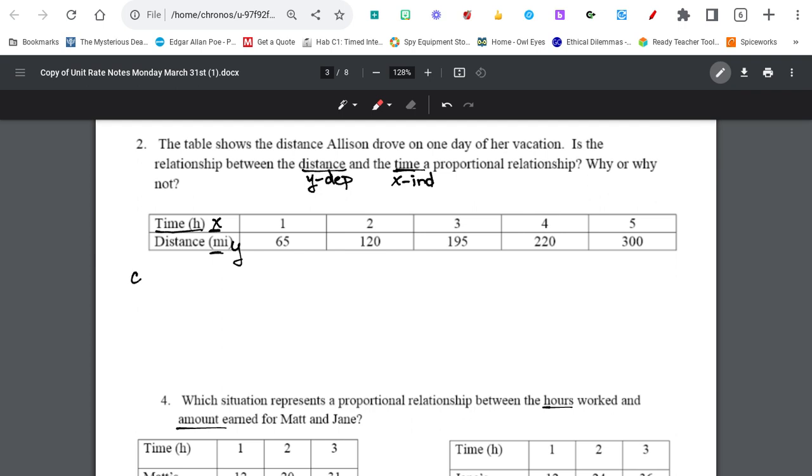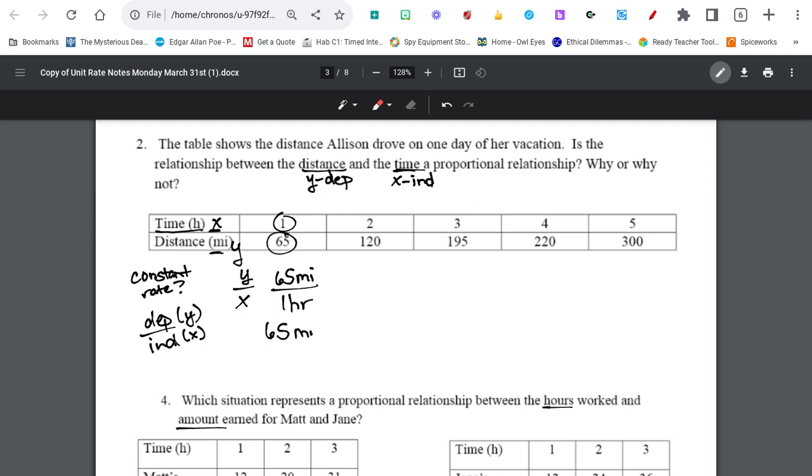All right, so I'm going to see if I get a constant rate. If we do, it's proportional, guys. So I'm just going to find my unit rate for each one of these. To find your unit rate, take your Y or your dependent variable and divide it by your independent variable, or Y divided by X, okay? So the first Y here is 65, so 65 miles divided by 1 hour means that Allison drove that first hour at a speed of 65 miles per hour.